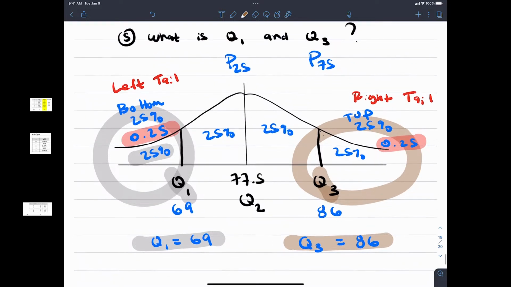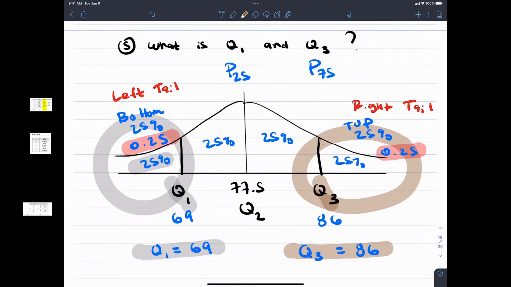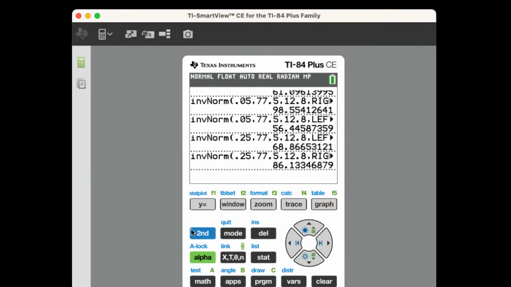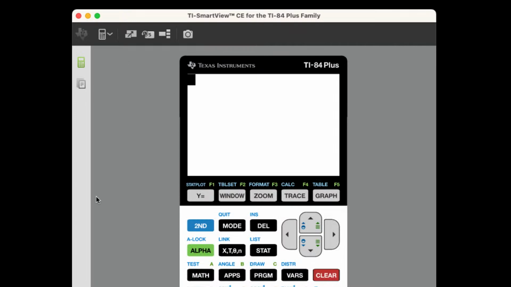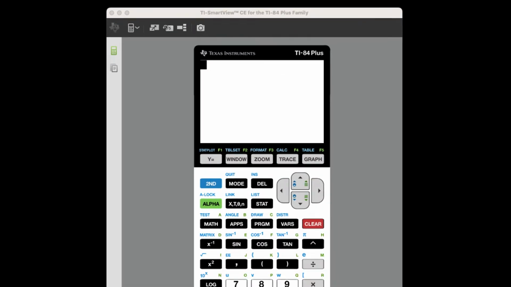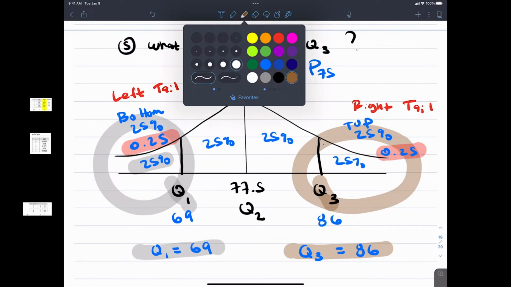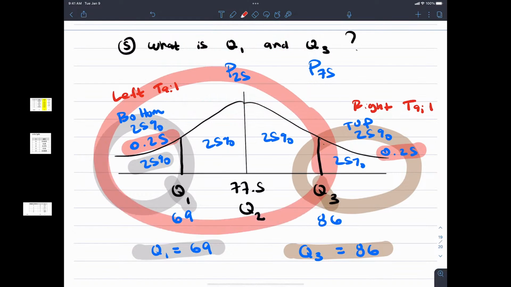So what if you said for Q3, Mr. Judge, what about the default? What do I use? I'm going to change this to default. It didn't change. Anybody know what I use? It's going to be the complement of 25, you're right. 25 and 75 will give you 0.75.